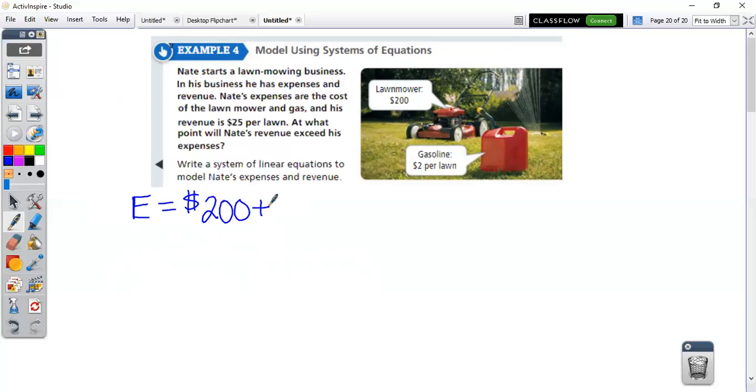Plus, how much every time he mows does he have to pay for gas? $2 per lawn. Okay? All right. His revenue. How much is he making every time he mows one? $25 per what? Yard. Okay. Does he get a bonus or anything? No, it's just flat $25 every time he mows the grass.